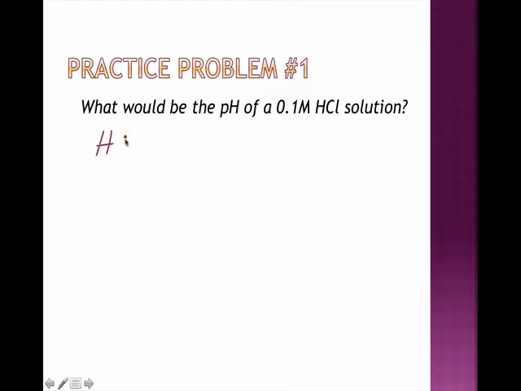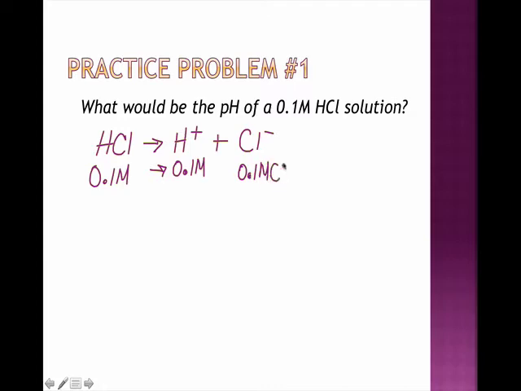Well, just like in that example, if I have hydrochloric acid, it's going to split into H+ and Cl-. If this is 0.1 molar, that means when this breaks up into the ions, I'm going to have 0.1 molar H+ and 0.1 molar chloride ions. I don't care about the chloride ions in terms of pH.